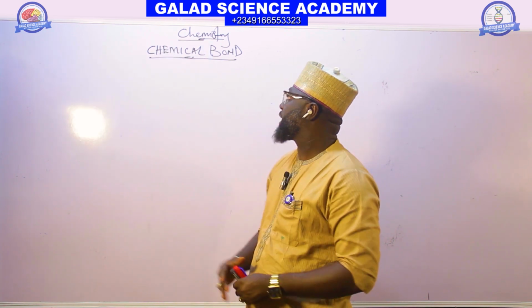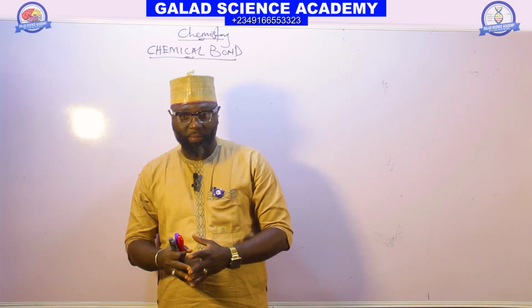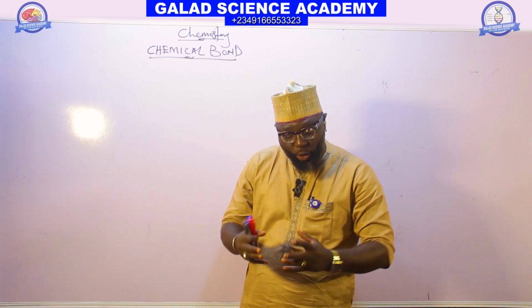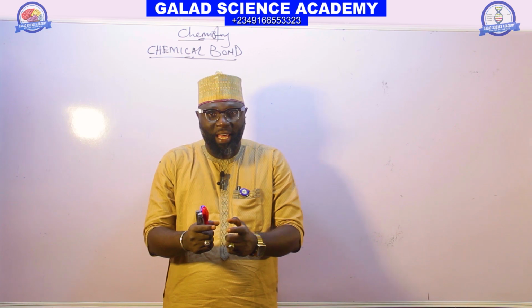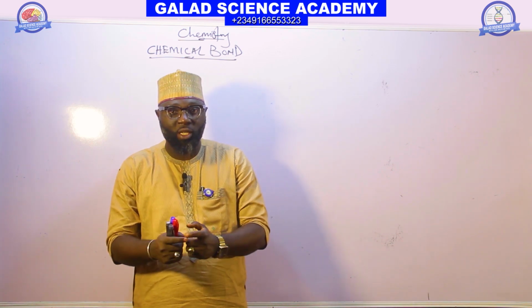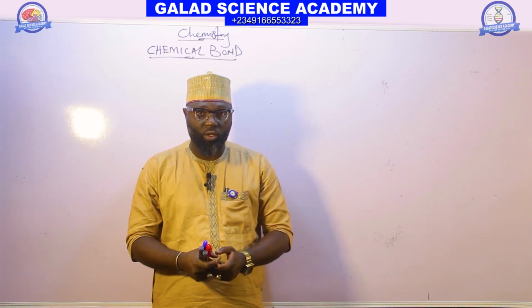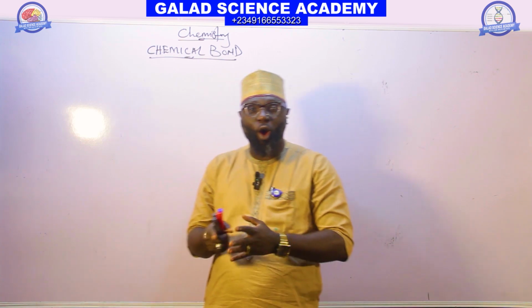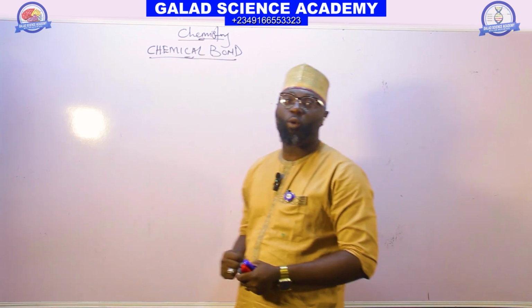If we want to define chemical bonding, it can be defined as a force of attraction or repulsion that exists between two or more atoms, ions, or molecules together to form a stable chemical compound.